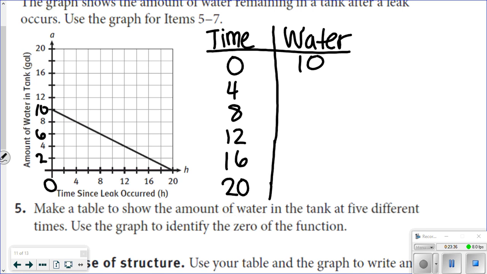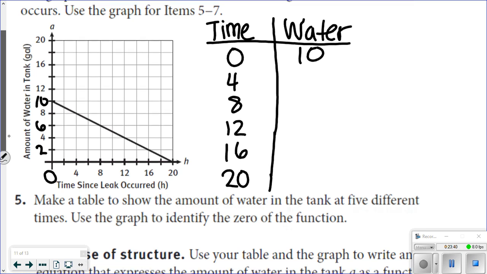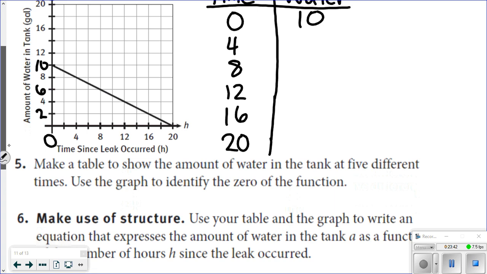And then it says use the graph to identify the 0 of the function. And then you can pause the video, and I want you to answer question 6, please, and question 7. You can do it. Try your best.